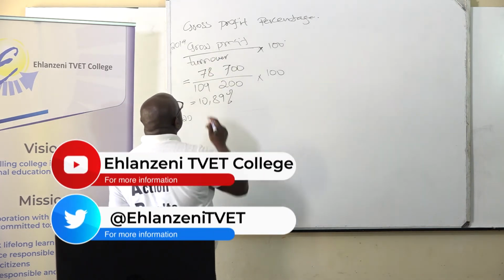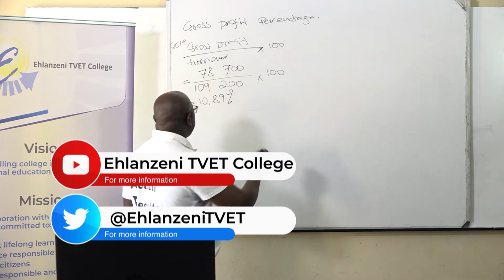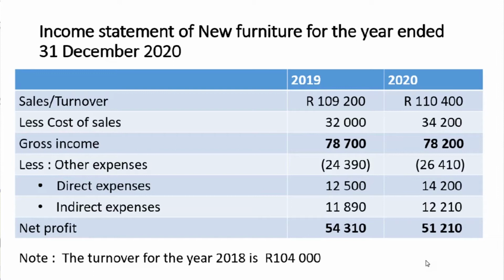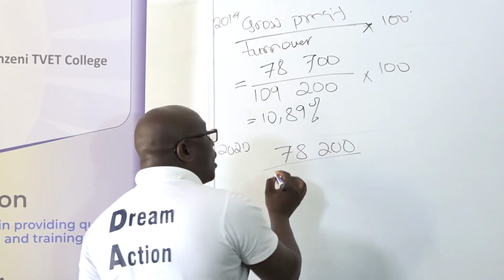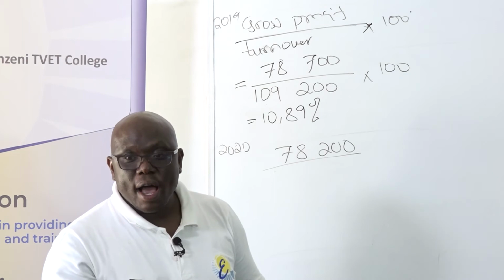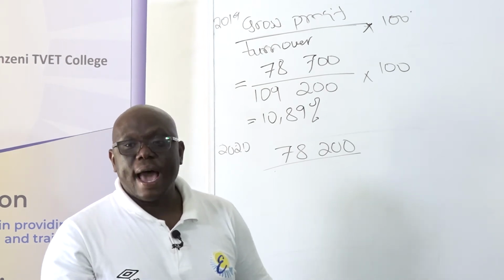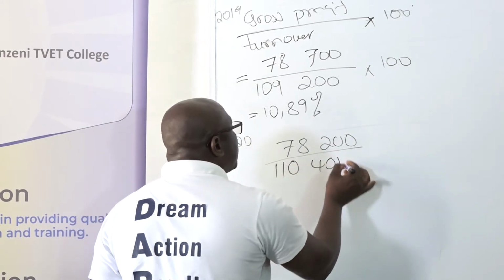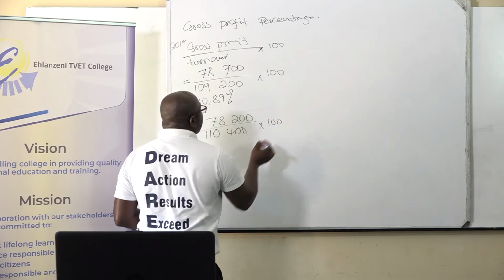In 2020 we are also going to apply the same principle, which says gross profit divided by turnover. Our gross profit for 2020 is 78,200. So we say 78,200 divided by our turnover for 2020, which is 110,400, multiplied by 100.